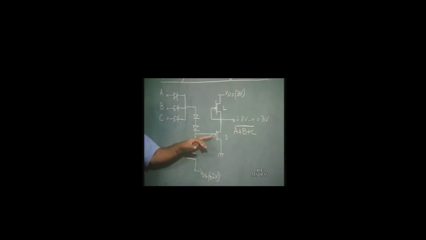When any input goes high, then this driver transistor is on and the output goes low. When this goes high, this is around 0.7 volts here. So, this is going to pull down the output and the output is going to go low. So, here we have a NOR gate.